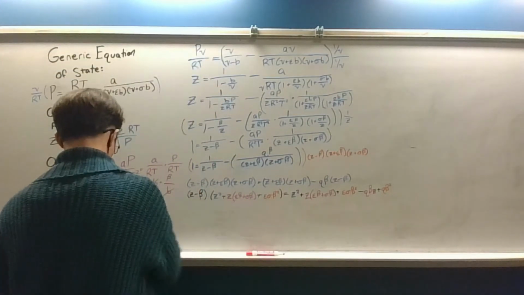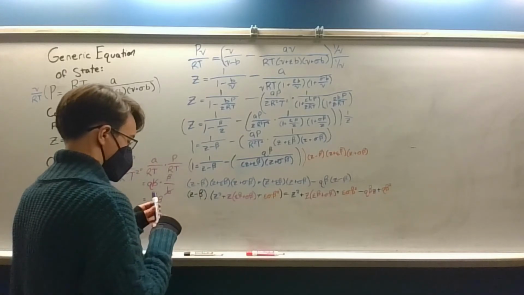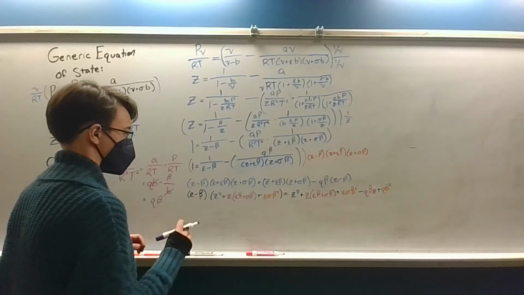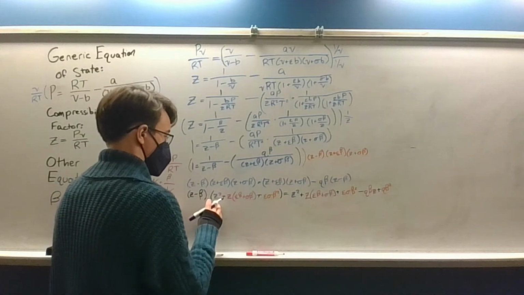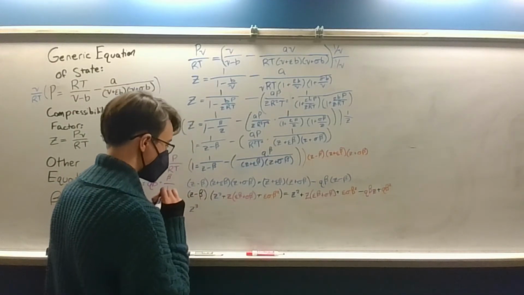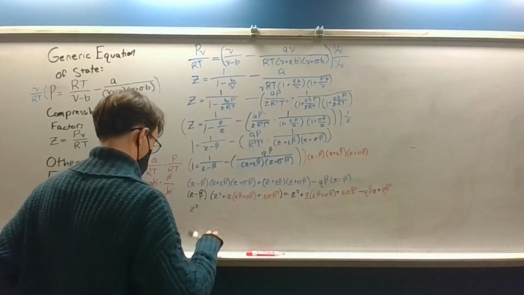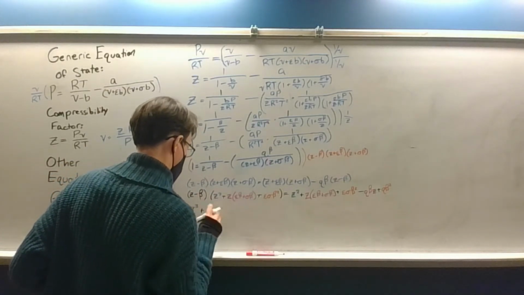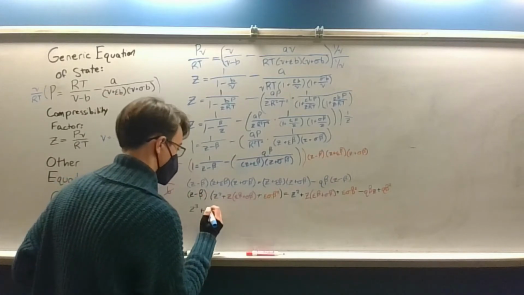All right, so now we're going to have a z cubed term. So we're going to have z times z squared, so we're going to end up with z cubed. And then, all right, so let's work on the z squared term next.